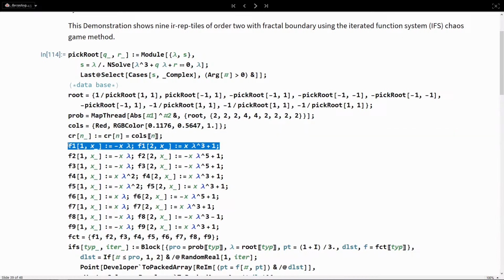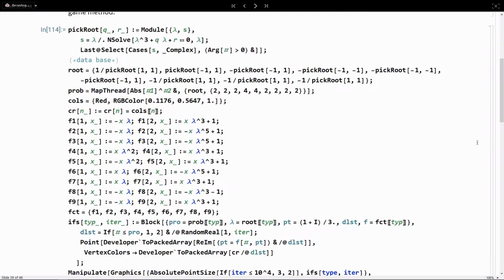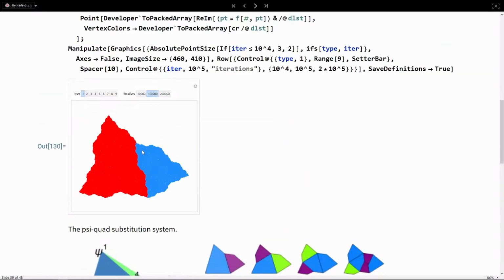It's this one here. We have two different functions, and we're randomly either using minus x times a constant or x times this. And when you iterate that randomly 100,000 times, you get this particular fractal shape.